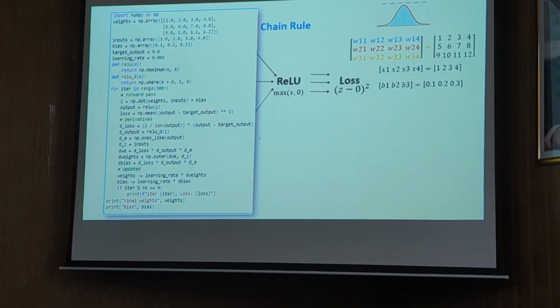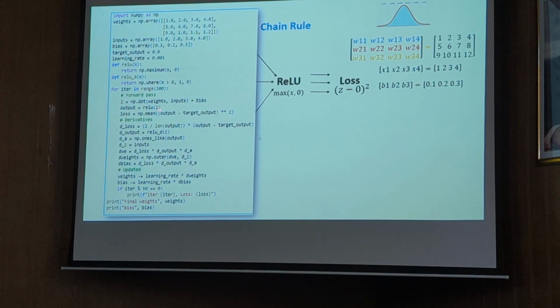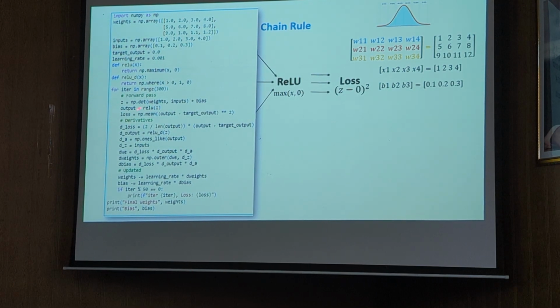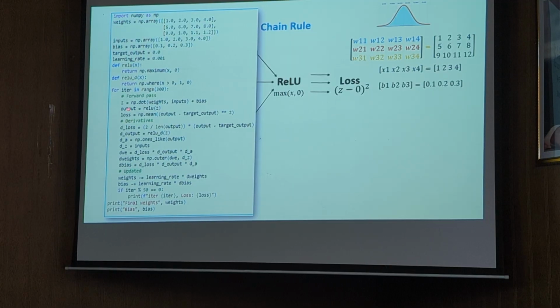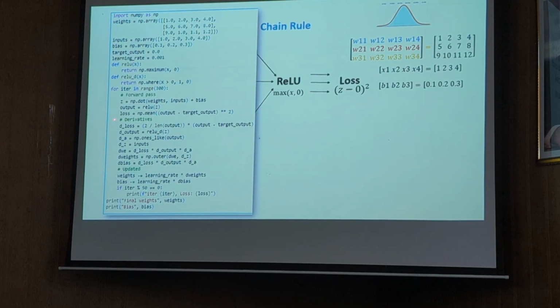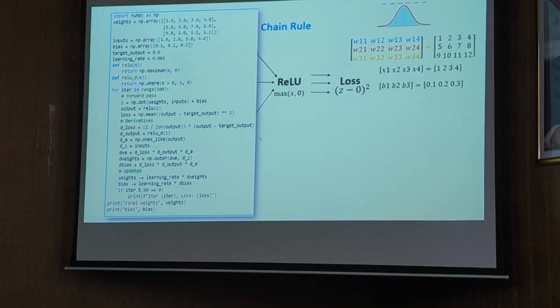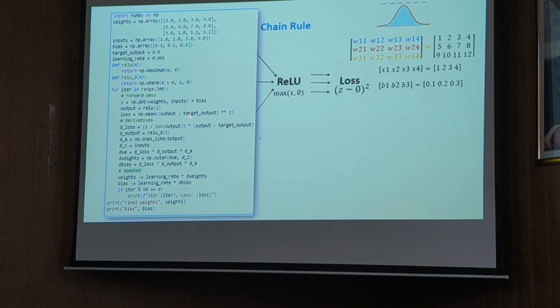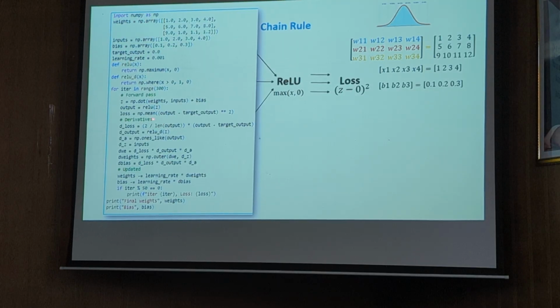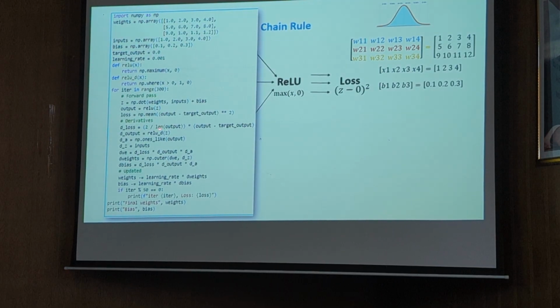So the resultant will be 3 by 1, a vector of 3 entries. That is stored in z, then passed through ReLU, and stored in the output variable. After that, I calculate the loss and store it in the loss variable: np.mean of output minus target output squared. Sorry, here 1 over 3 is missing, but I have put it here.